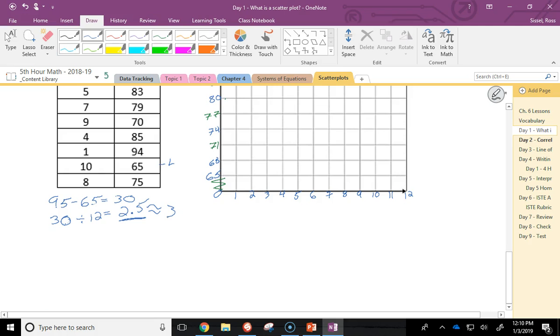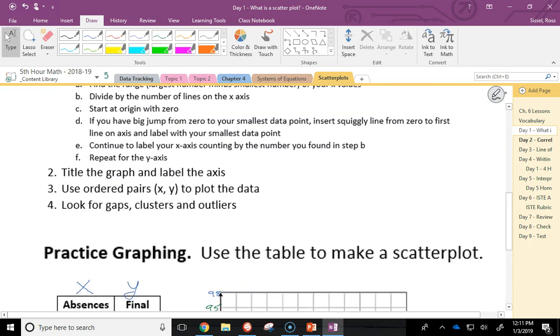Why did I do the squiggly? Ryan? Because it's like compressed. Good, it's compressed. We didn't follow the scale to start the very first one, and started going 0, 3, 6, 9, 12, 15. We would have had a whole empty space. We would have had to make a really big graph for no information. So this squiggly shows us that there's missing data.